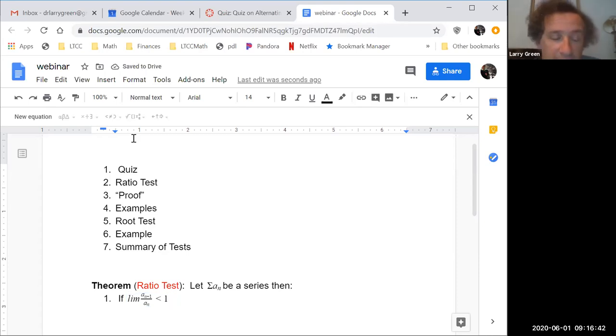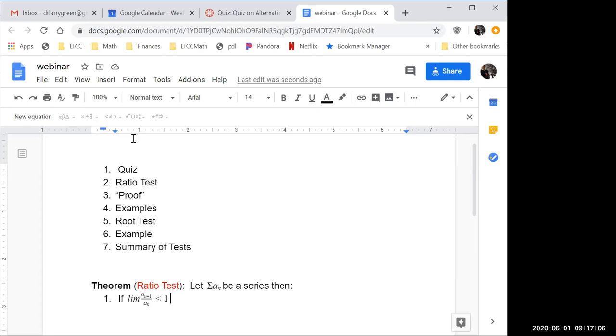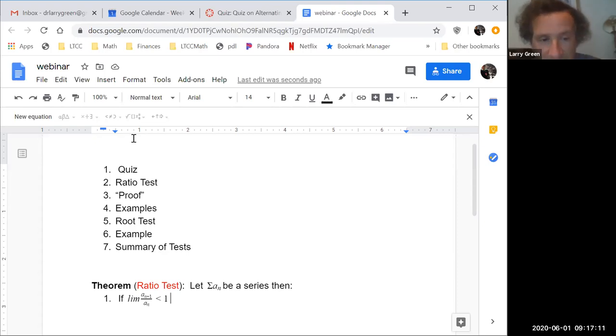Okay, so we're looking at the next term, and guess what? The next term just drops significantly. What do you think might happen if the next term drops significantly, and it happens every time? What do you guess? The series converges. Then the series converges.